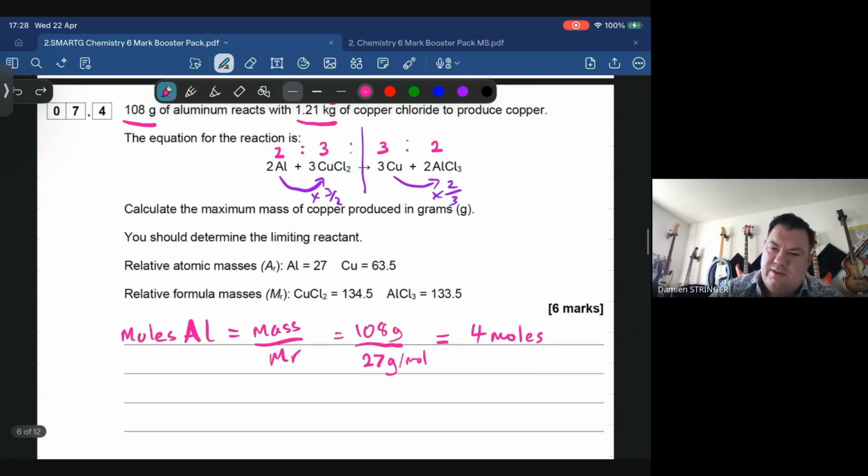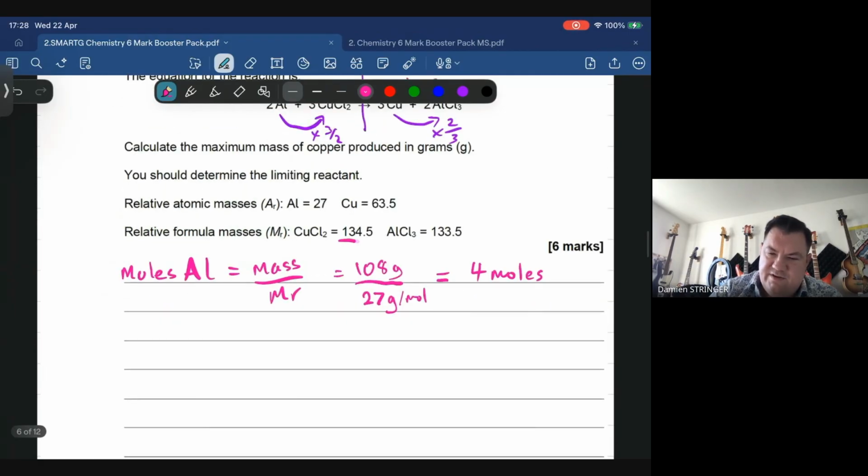Now, it might be worth writing this down somewhere just so we know what we've got, okay? Now we're going to look at the moles of copper chloride. It has given us the MR. We don't have to work it out, so that's nice.